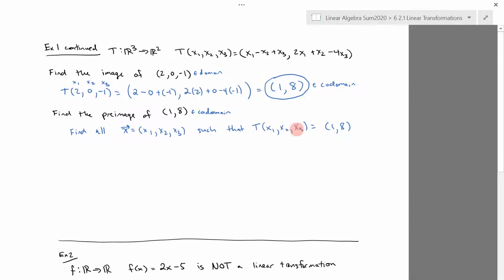Right, but then the transformation T is just given by this formula, right? So we can set it equal to the element.